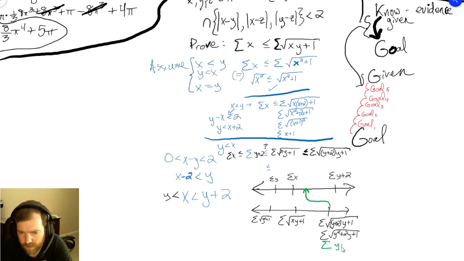So this is going to be just the sum of all y plus 1's. So that's exactly in the middle of the sum of all y's and the sum of all y plus 2's. The sum of all y squared plus 1, we can't compare to these right now.